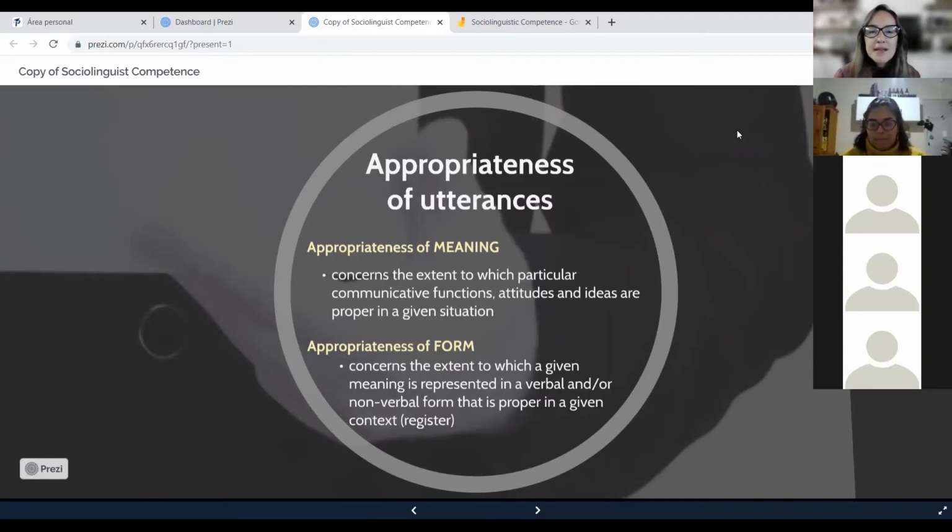What about appropriateness of form? What was the language he used like? Was it appropriate? It was. Okay. Well, I think it was. I don't know what the other thing.